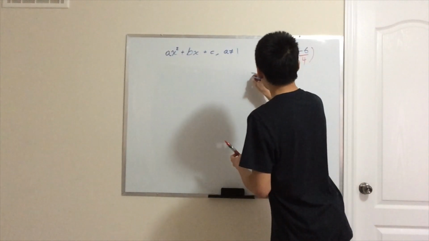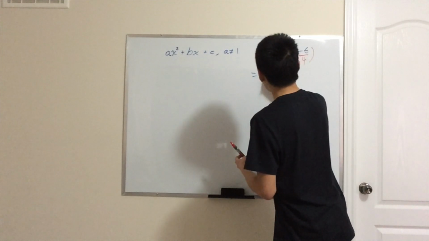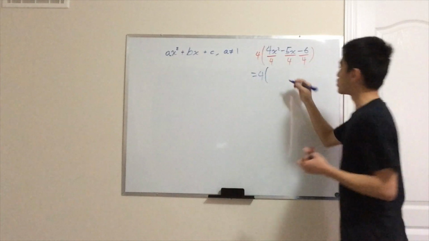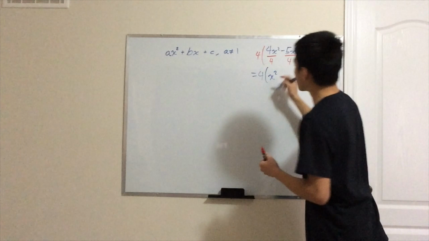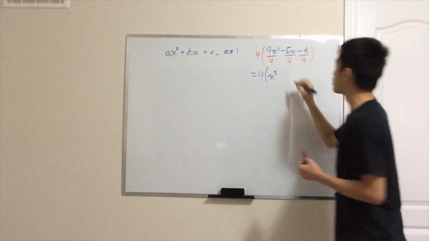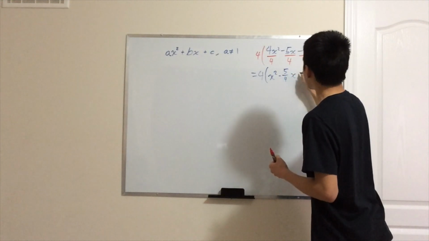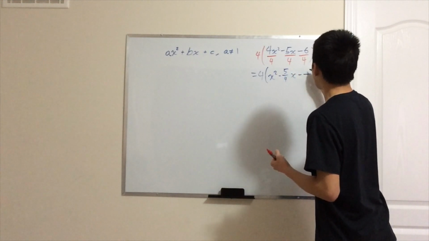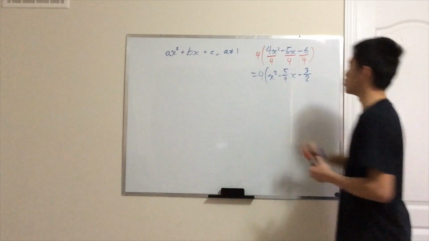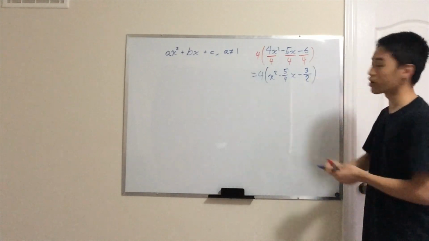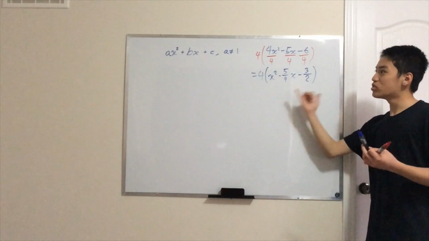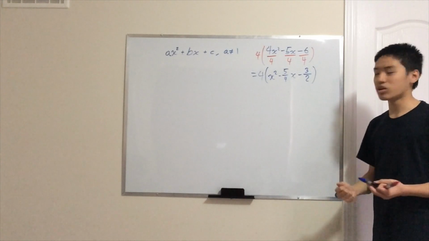Now we have the 4 on the outside multiplied by 4 over 4, which is just x squared. Notice the leading coefficient here is 1. Now we have minus 5 over 4 x. And finally, minus, I'll simplify this, 3 over 2. And there we go. Inside, we just have a monic quadratic trinomial.